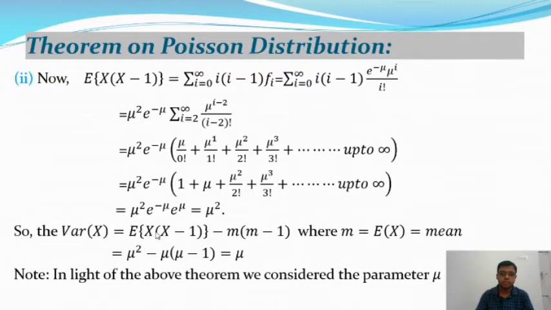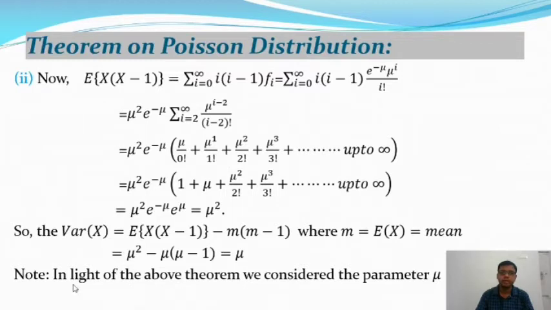So from that we will get the expectation of x into (x minus 1), which is actually mu square, minus mu into (mu minus 1), and after simplifying it we will get mu. So therefore the variance of the Poisson distribution will also give mu. So therefore the mean and the variance of a Poisson distribution will be mu, and the standard deviation of a Poisson distribution will give root over mu.